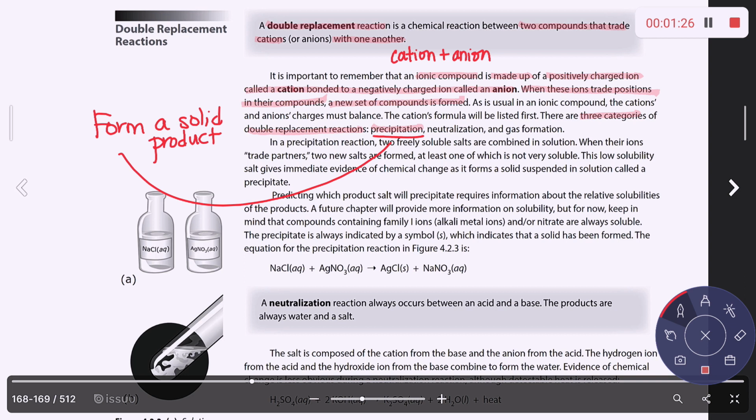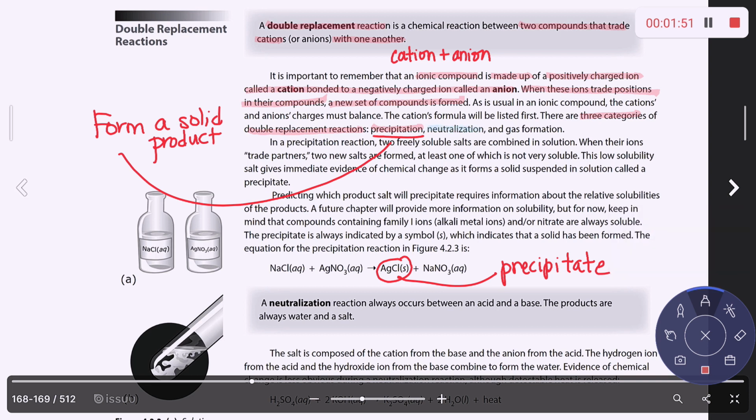Do you see this reaction down here? NaCl plus AgNO3 produces AgCl solid. This solid would be a precipitate. And in section 4.1, when we talked about the different forms of evidence that a chemical reaction occurs, this is one.